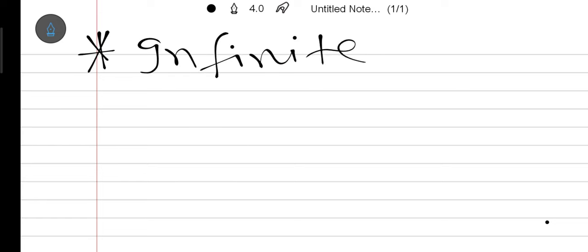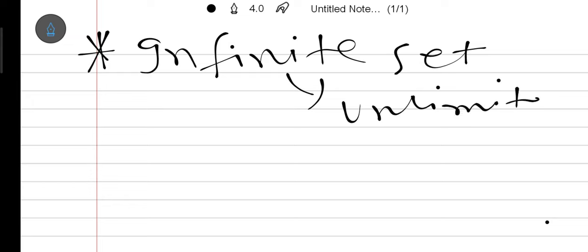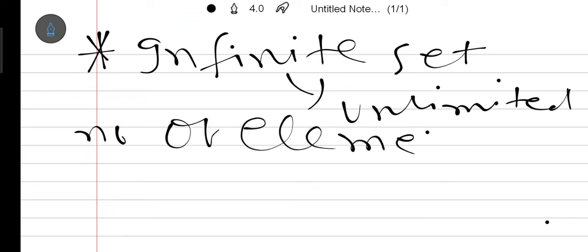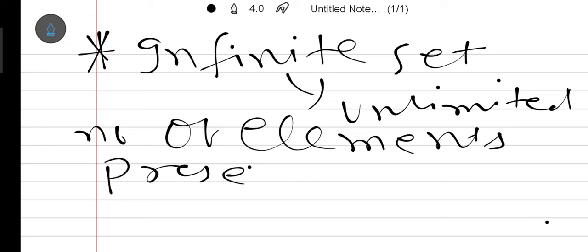Then we'll talk about infinite sets. So what are infinite sets? If the number of elements is infinite, meaning there is an unlimited number of elements present in a set, then that set is called an infinite set.